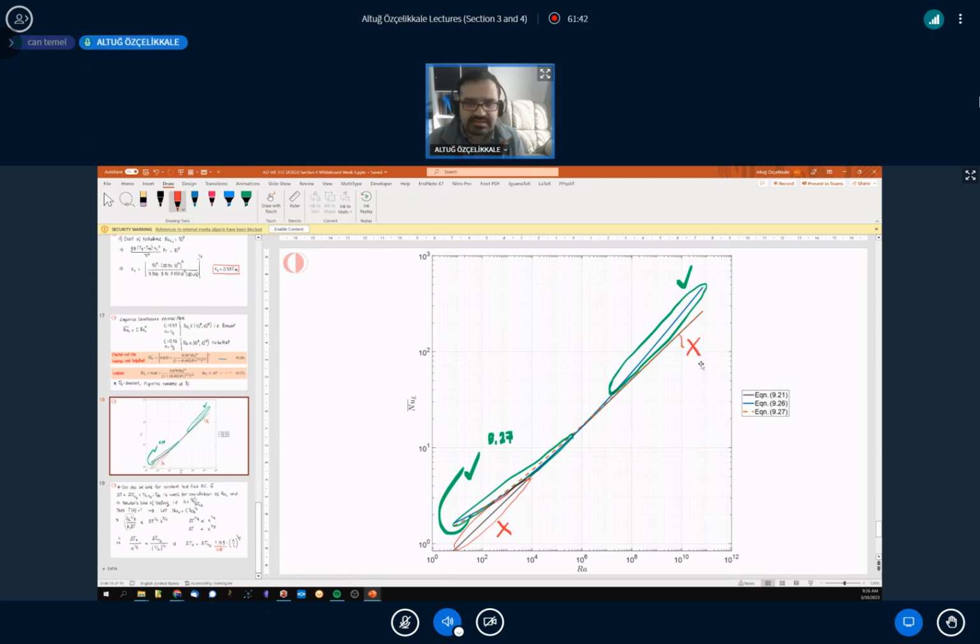So I think this part is pretty clear because this is beyond, it's Rayleigh number increasing and we are entering the turbulent region, right? So laminar flow conditions are no longer valid.